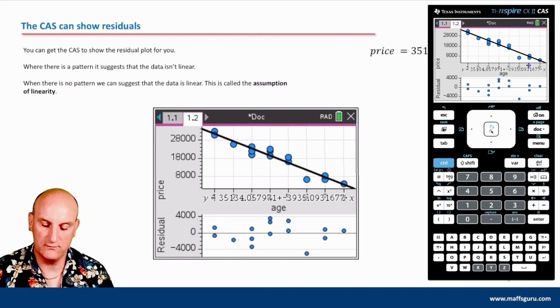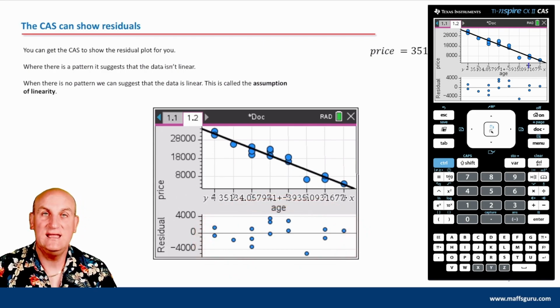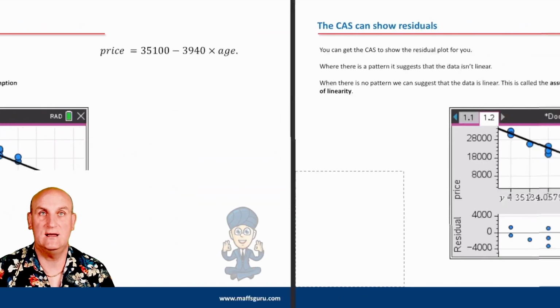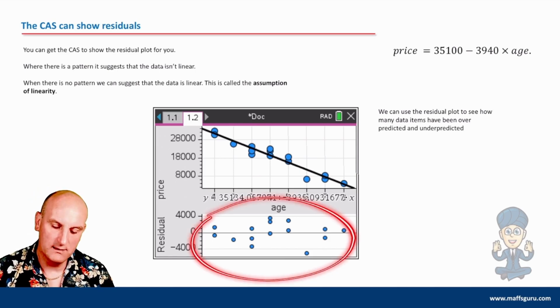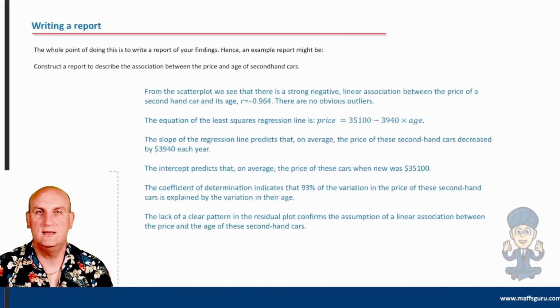Here, there is no obvious pattern to my data. If there is no obvious pattern, then the data is more than likely linear. So as I say, we've got my residuals, assumption of linearity. If it's completely random, we assume the data is linear.